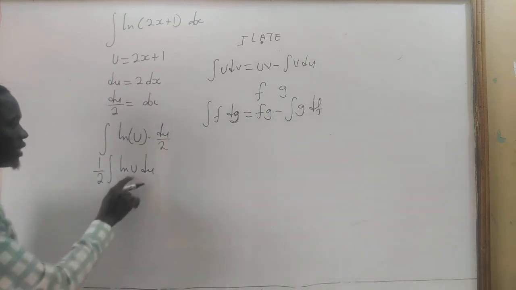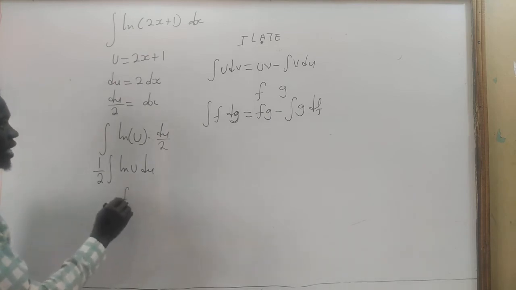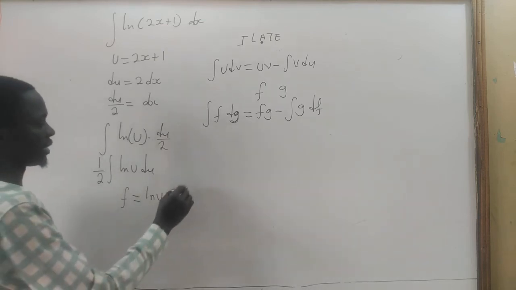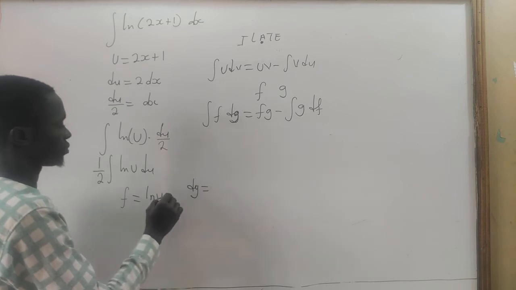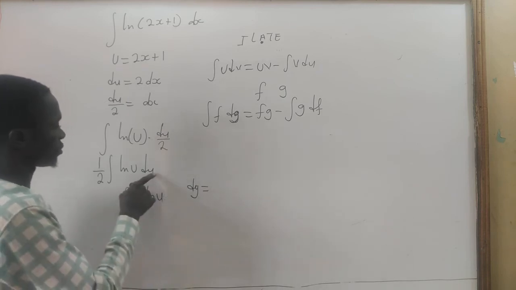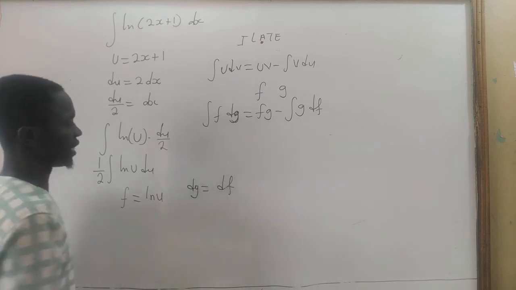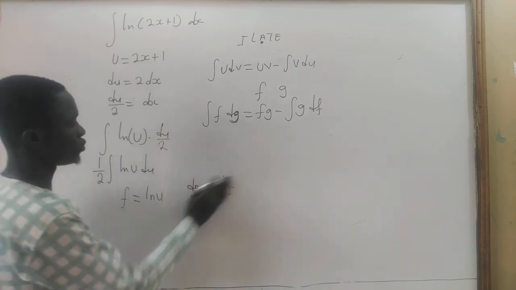So we will take f to be equal to natural log of u, and dg equal to du.